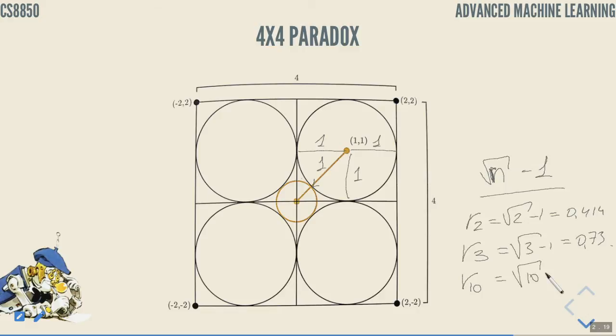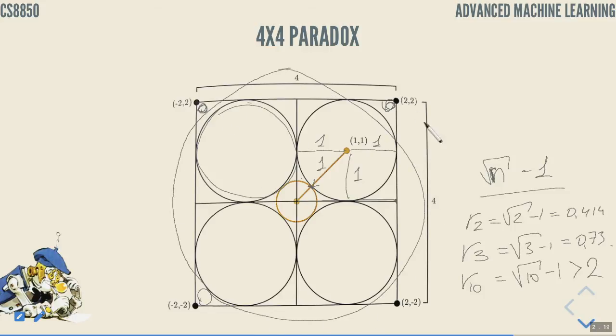In dimension 10, it's already greater than 2. Look, the radius of this sphere is greater than this dimension. Well, it's easy to imagine, because if those spheres tend to corners with dimension growth, of course a sphere that touches them pushes out.